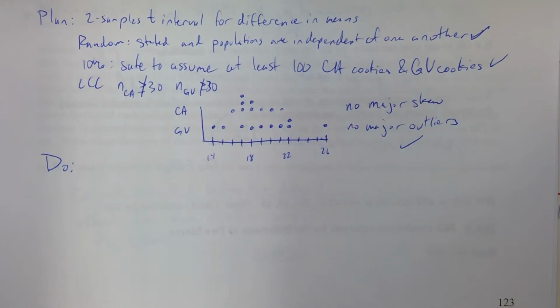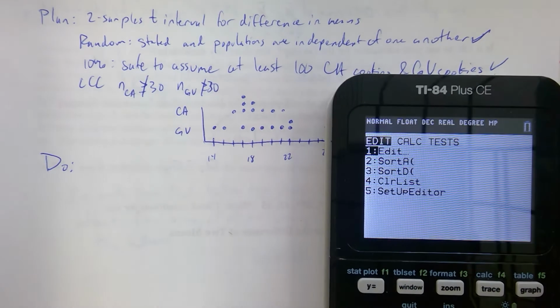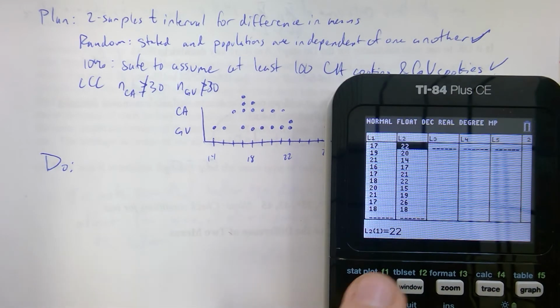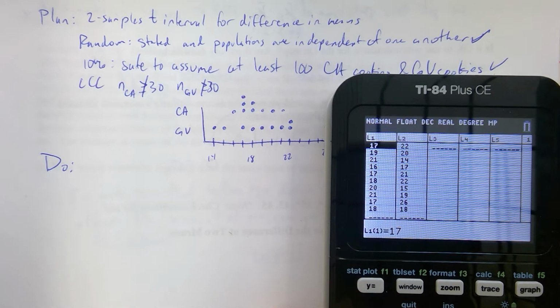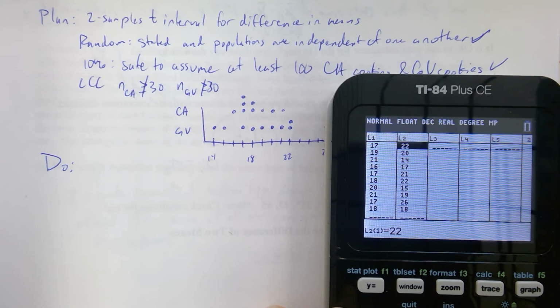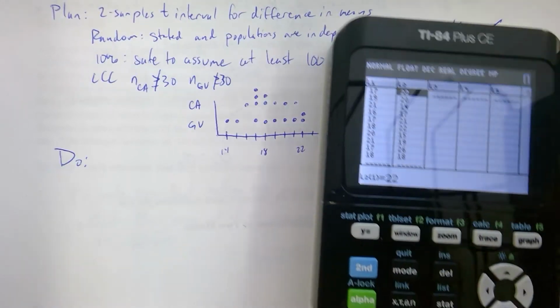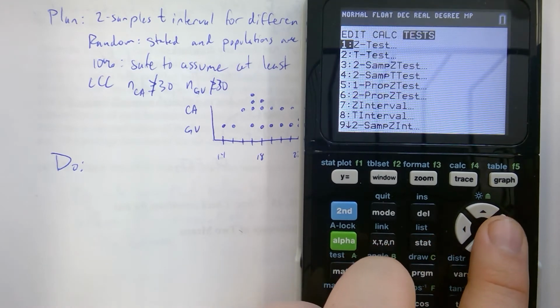Now, since we have data, we need to make sure we enter our data. Stat, Edit. I already did that beforehand. I just put all of my Chips Ahoy in L1 and all my Great Value in L2. Okay, and then I'm going to hit Stat, go over to Tests.